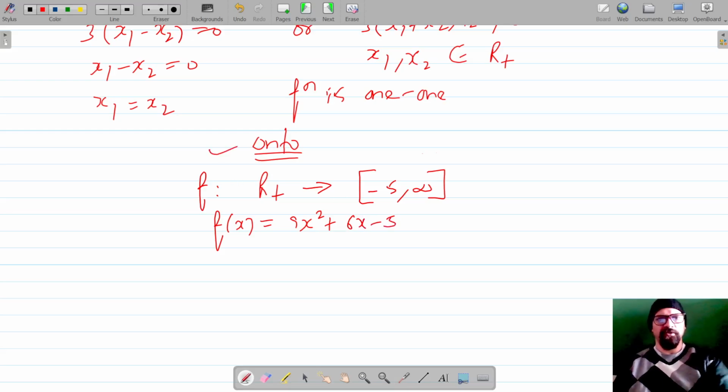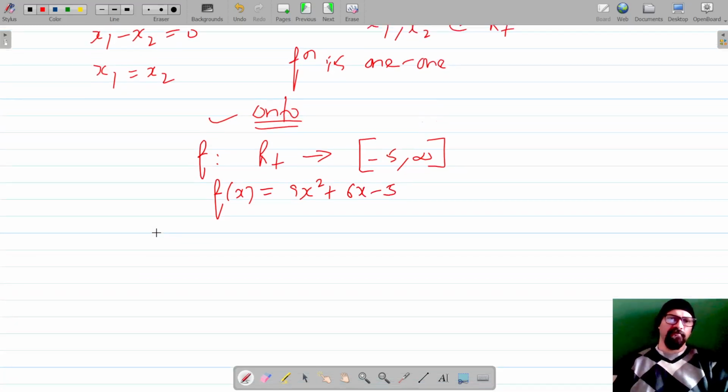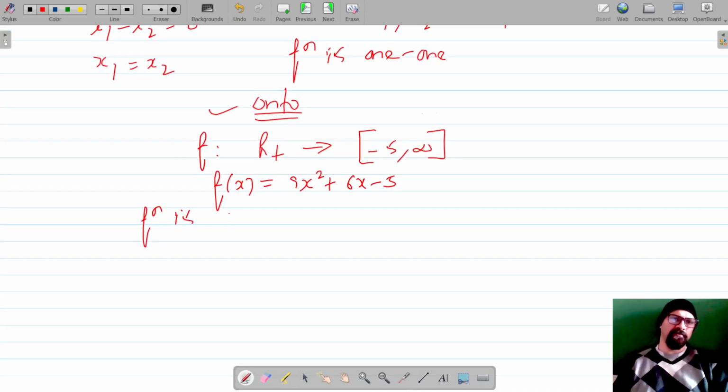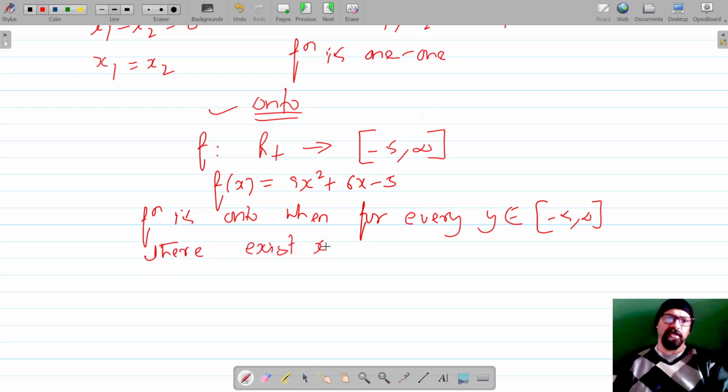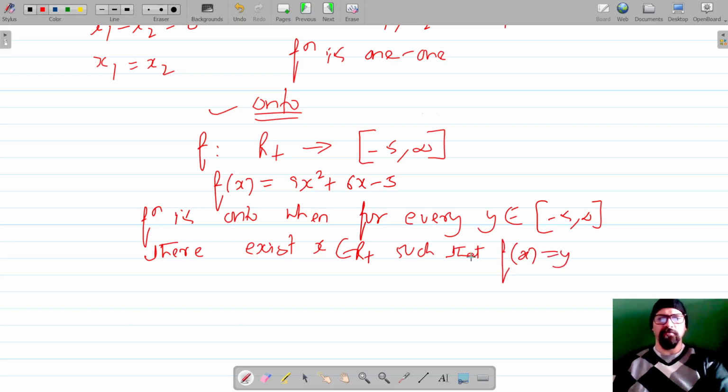So when will this function be onto? We can say that the function is onto when for every y that belongs to minus 5 to infinity, that is the codomain, there exists x such that f of x is equal to y.